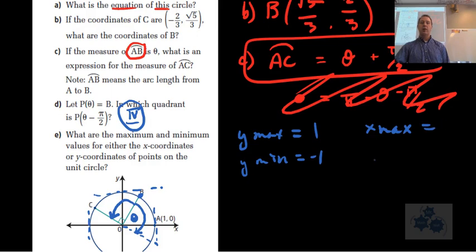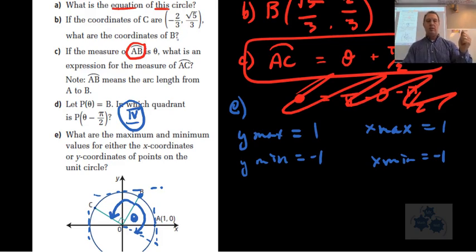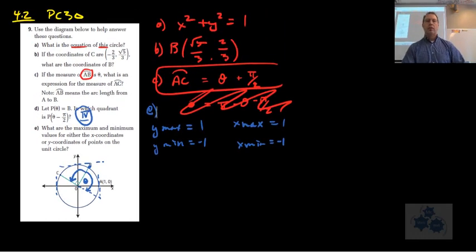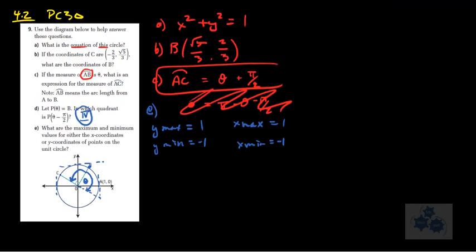X max is 1, x min is negative 1. Okay, and that looks like E. Does that look right? Is everybody okay with that? Does that answer some questions there for number 9? Let's move on to 4.3.